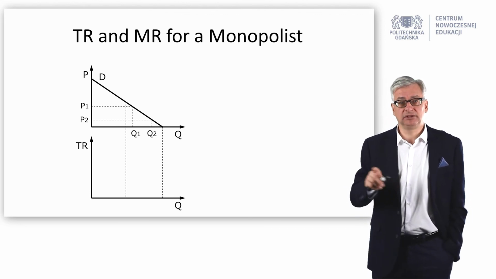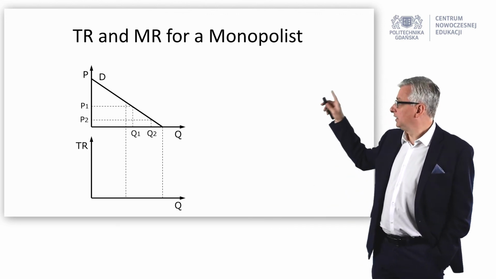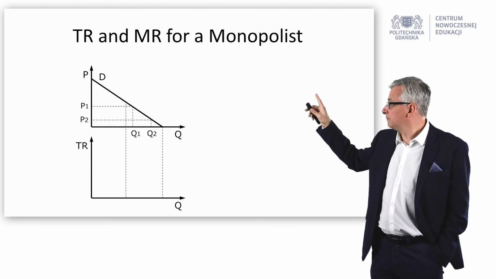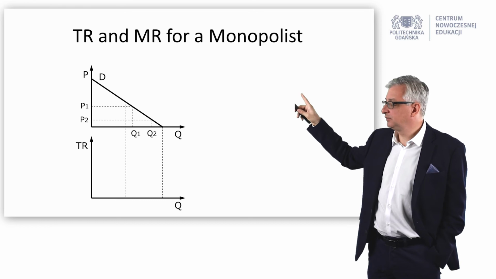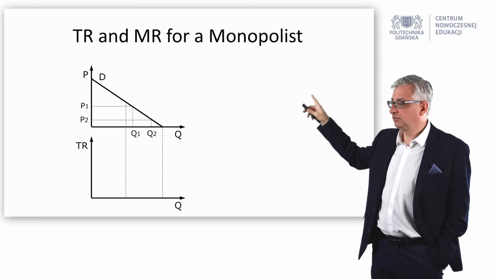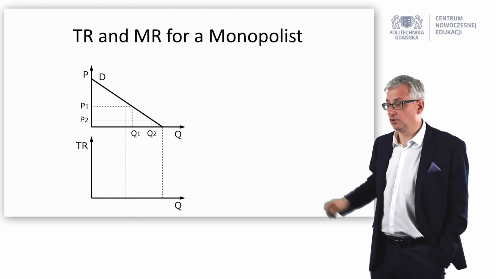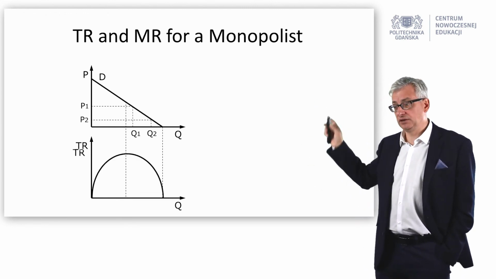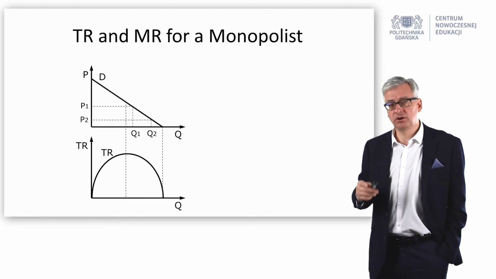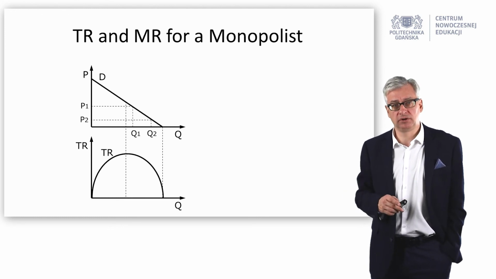It would get to the maximum in the middle, so for the middle of the distance between the origin of the coordinate system and this maximum Q, right? And this is basically the shape, this is the curve of total revenue.